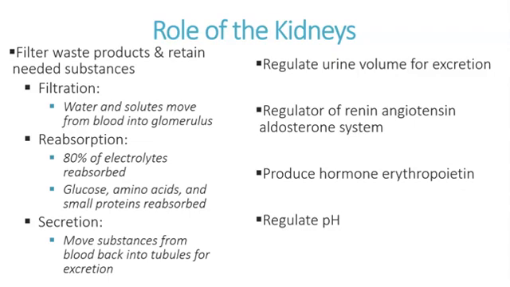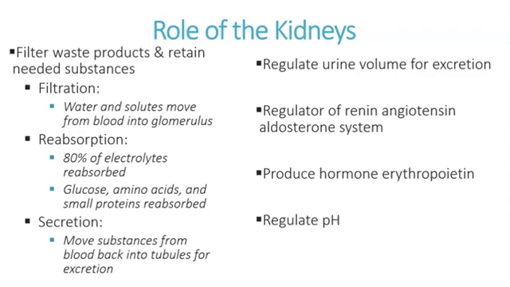The next step is secretion. Now with secretion, this is where we're going to take all those substances and push them from the blood back into my filtrate, so back into that fluid that's in the tubes. Now, some of the tubule cells are actually going to secrete very specific substances in addition to facilitating the overall secretion process.